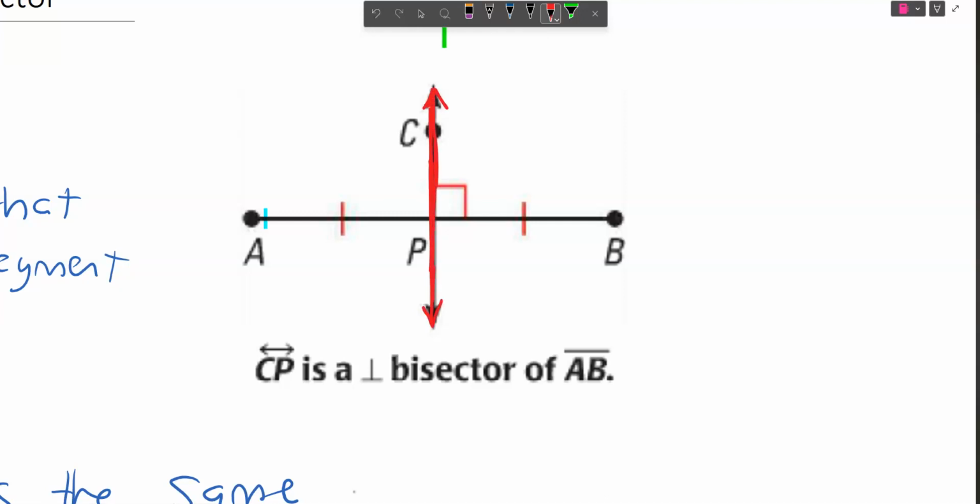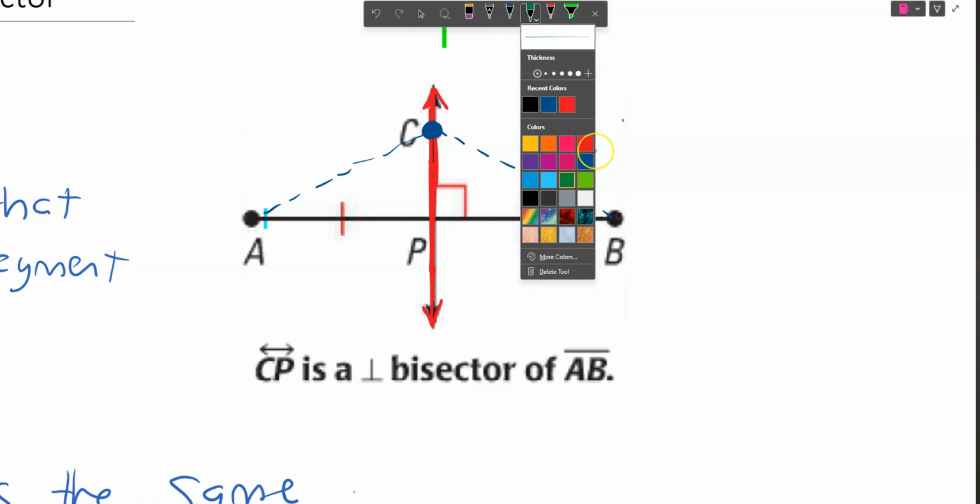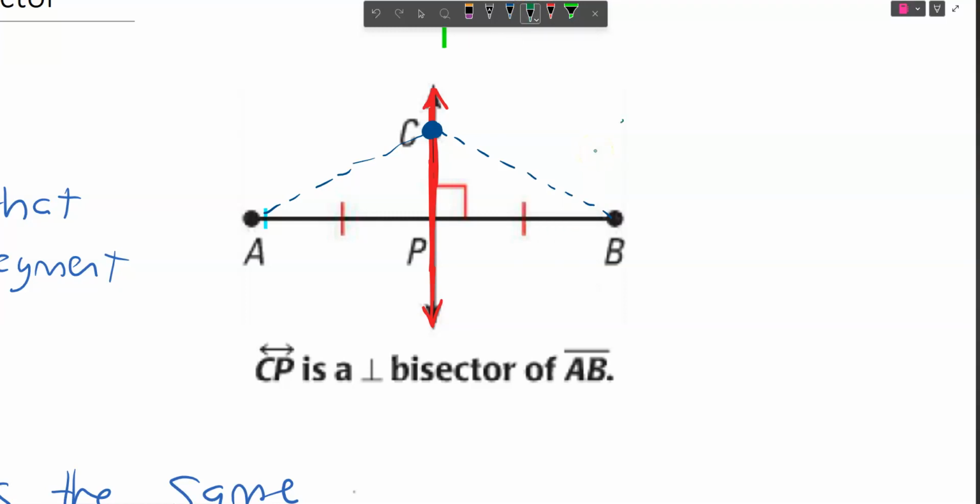If I pick any point on that red line, let's start with C, what that is telling me is that this C is the same distance from B as it is from A. Now, the reason why this is true and how I can prove this to you is going to make a lot more sense in our next unit when we talk about congruent triangles. For right now, what I want you to look at is just visually what's happening here. If I have that point C, you can see that it's the same distance. It kind of does look like when I draw it that CB and AC are the same.